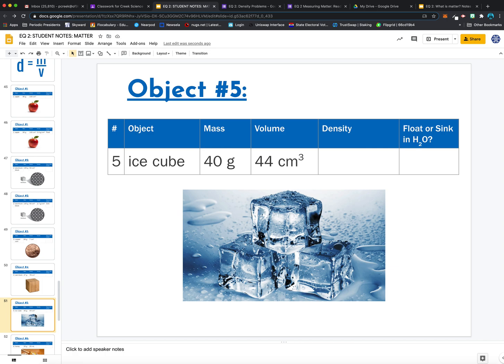And if you look at ice in water, you should see what number you should get. Remember, if it's under 1, an object floats in water. If it's over 1, an object sinks in water, because water's density is 1 gram per cubic centimeter, or 1 gram per milliliter. So go ahead and pause the video and figure it out.